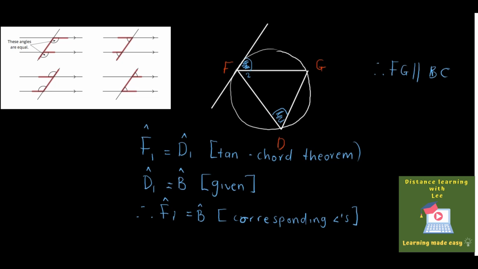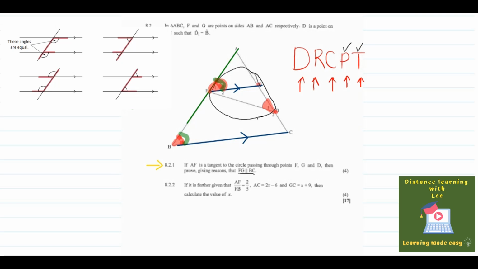So quickly, what we did with this question is that we had to prove that our line FG is parallel to our line BC. We are told that AF is a tangent, and that there's a circle that touches the points F, G, and D. So you draw that circle on those points.